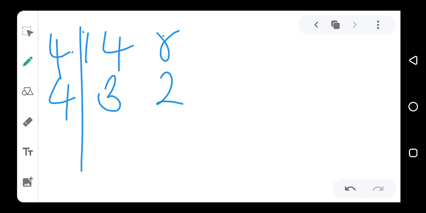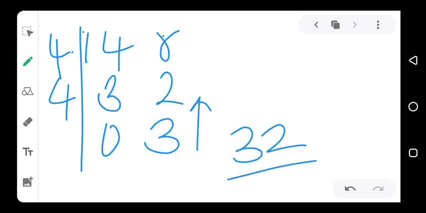If it cannot divide it, we write 0 under the number, and then the number that we want to divide, we bring it under the remainder, which is 0 remainder 3. So if we count up, what we are going to have is 3, 2. So this is the final answer.